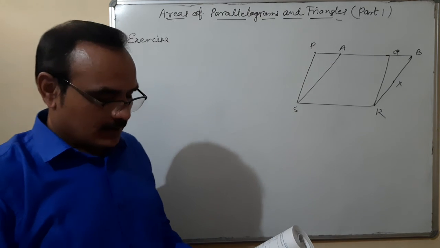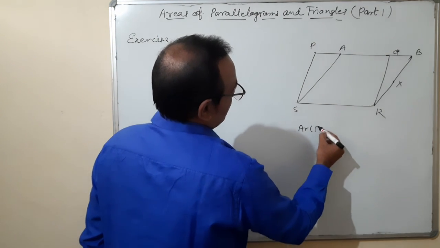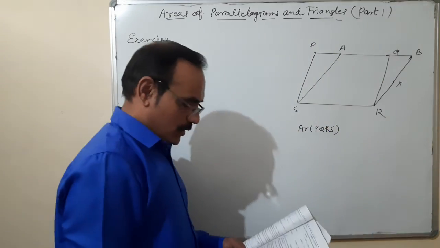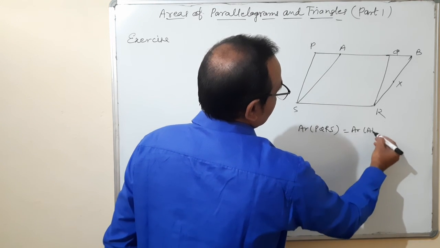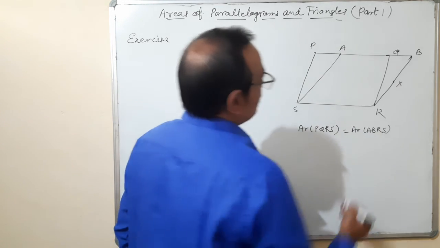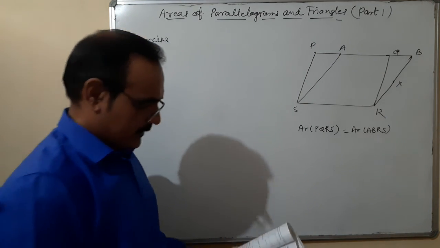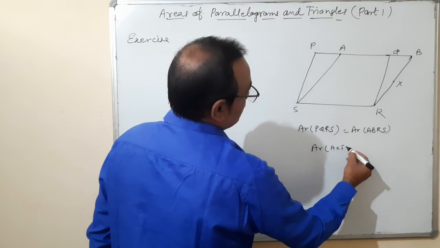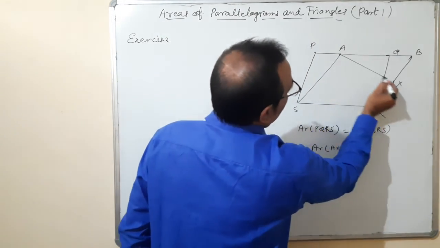Show that area PQRS is equal to area of ABRS and area of AXS. That means I can join it.